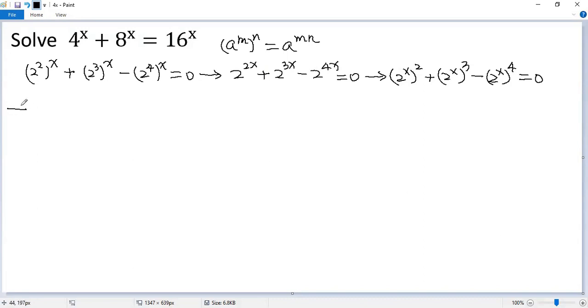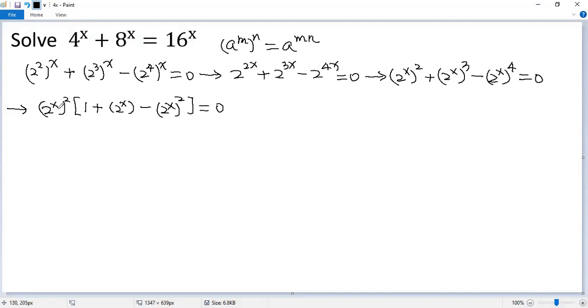So we get 2 to the power x squared times, the first term becomes 1, right? The second term becomes 2 to the power x. The last term becomes 2 to the power x squared, equals 0.